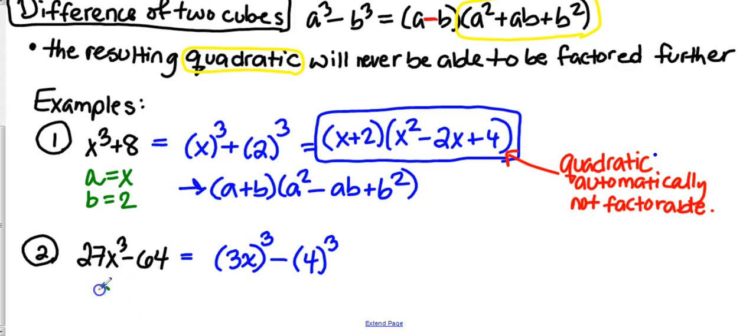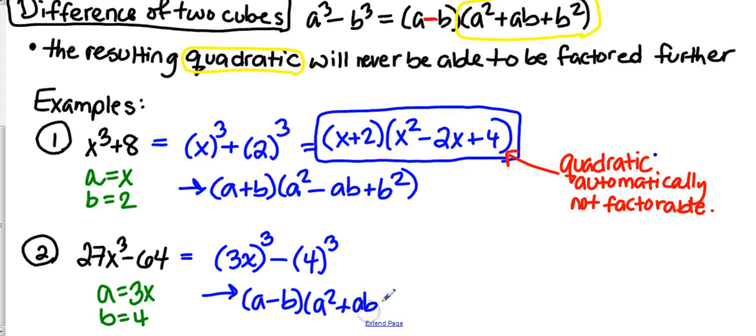So again, if it helps, let's write A equals 3x, B equals 4, and that's what we're going to use with our general model, A minus B, A squared plus AB plus B squared.